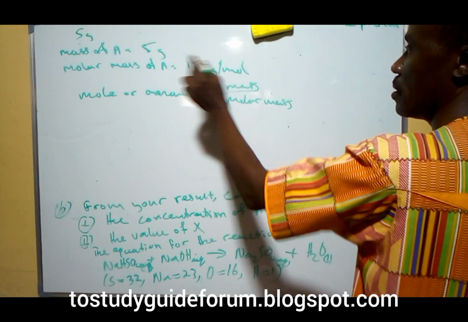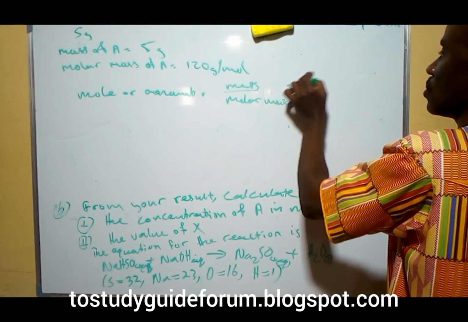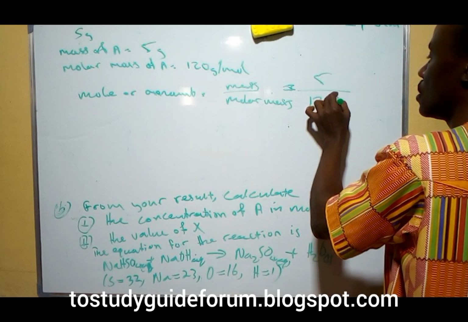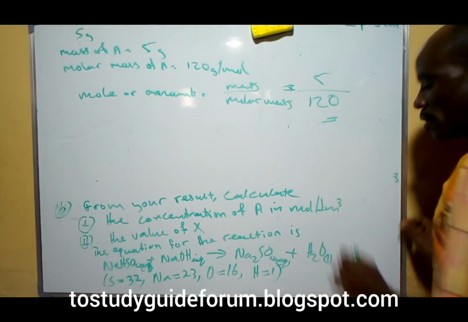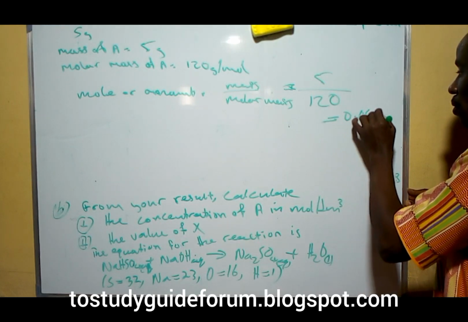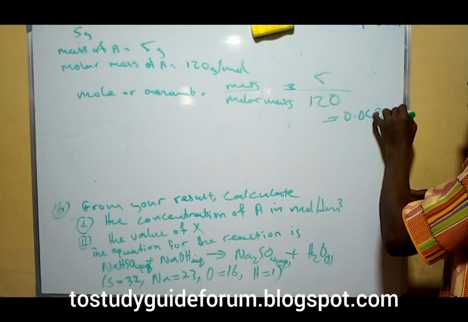The mass here is 5, and the molar mass is 120. That gives us 0.042 mole.